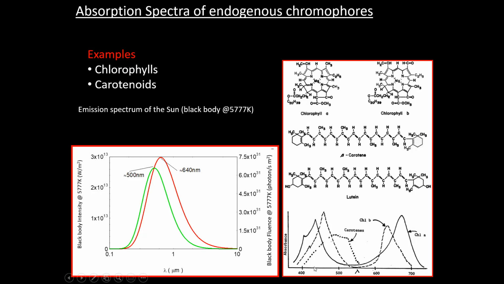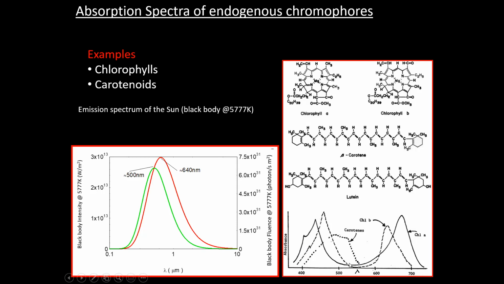Now, if you watch the absorption spectrum of this type of molecules, you discover that, for example, chlorophyll A has an absorption spectrum like this. This is peaked at about 430 nanometers, the solid curve here.